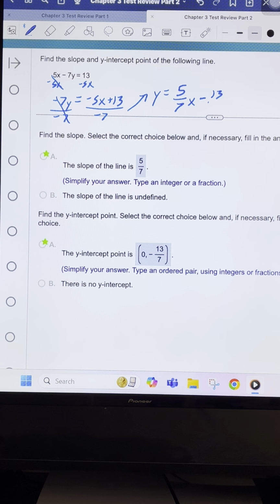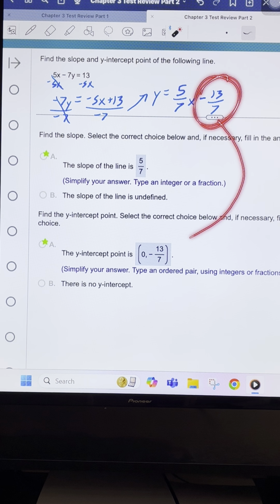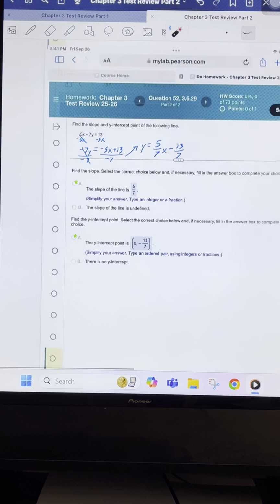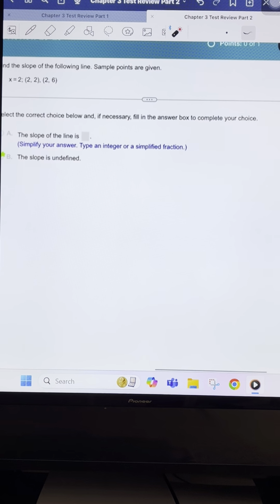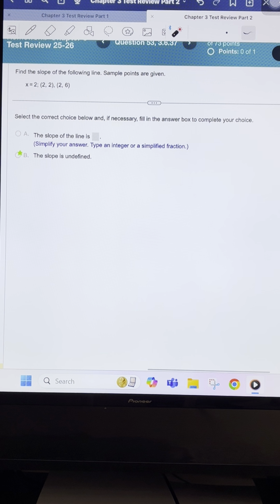Negative 5 divided by negative 7 just gives me 5 over 7x minus 13 over 7. Why minus? Because this is positive 13 divided by negative 7, which gives me negative 13 over 7. And this negative 13/7 is my y-intercept, and 5 over 7 is my slope.